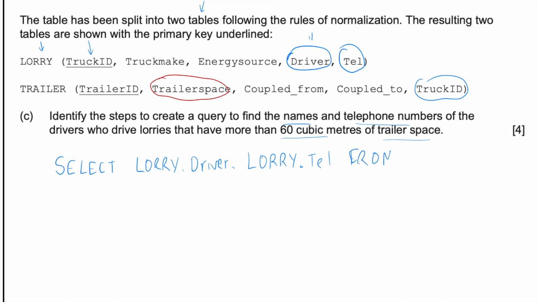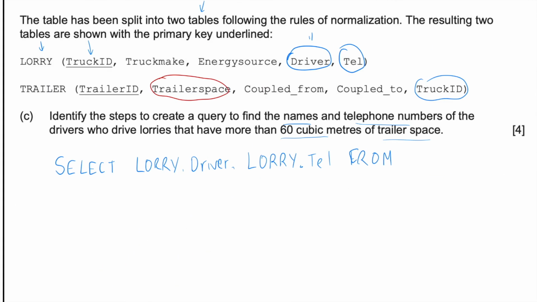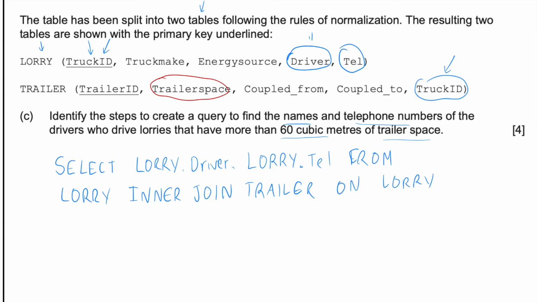From, and we want to do an inner join. So it's going to be this part right here. So from lorry, inner join, trailer. And we can find matching records between these two by matching up the truck ID from the lorry to the truck ID from the trailer table. So we're going to say on, actually, I'll put this on another line right here.